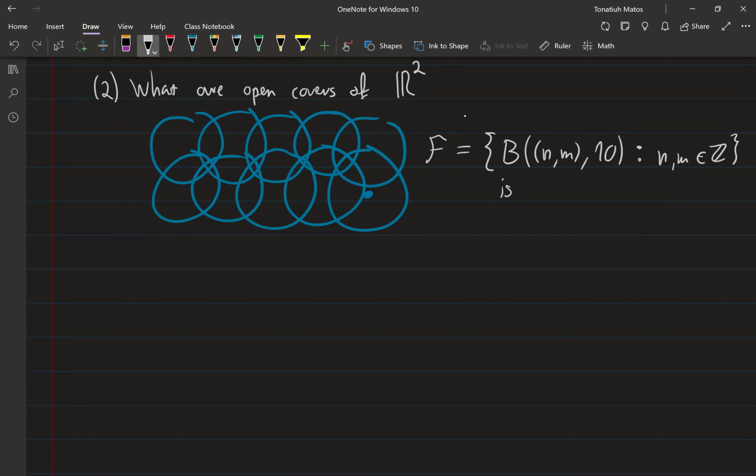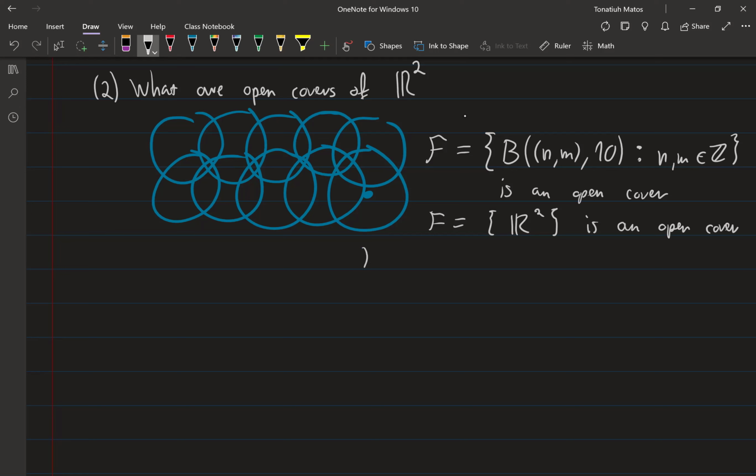This is an open cover, and it's a countable open cover, right? You can also find uncountable ones if you center these balls around every possible point. As it was mentioned in the chat, if I just take R2 alone, this is an open cover, which is kind of boring. That's a good example.